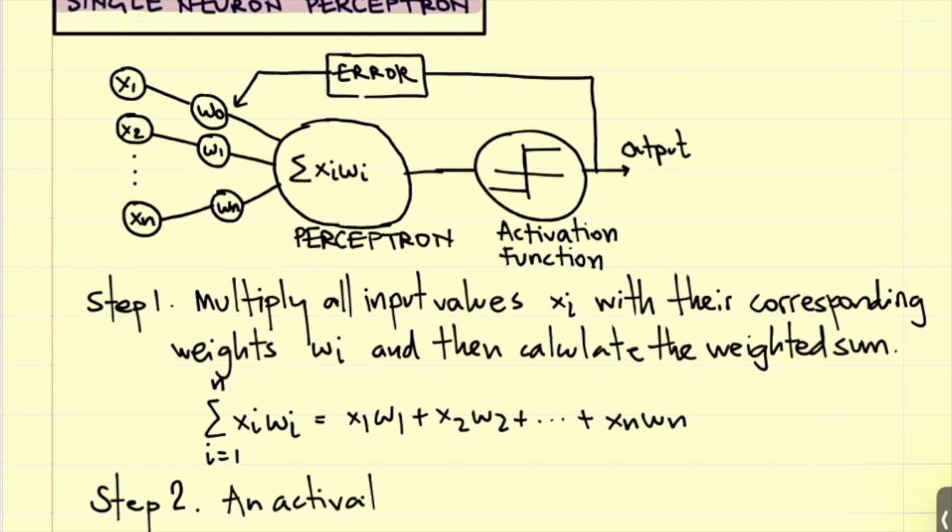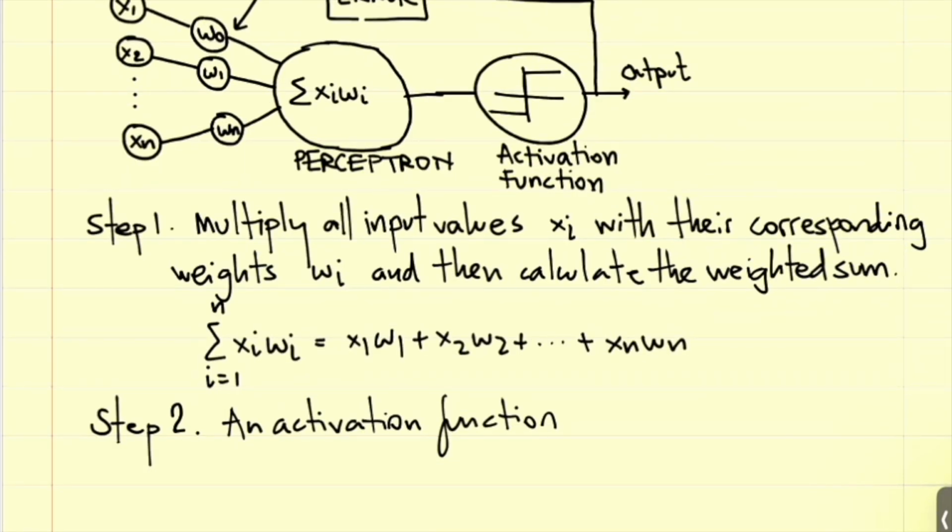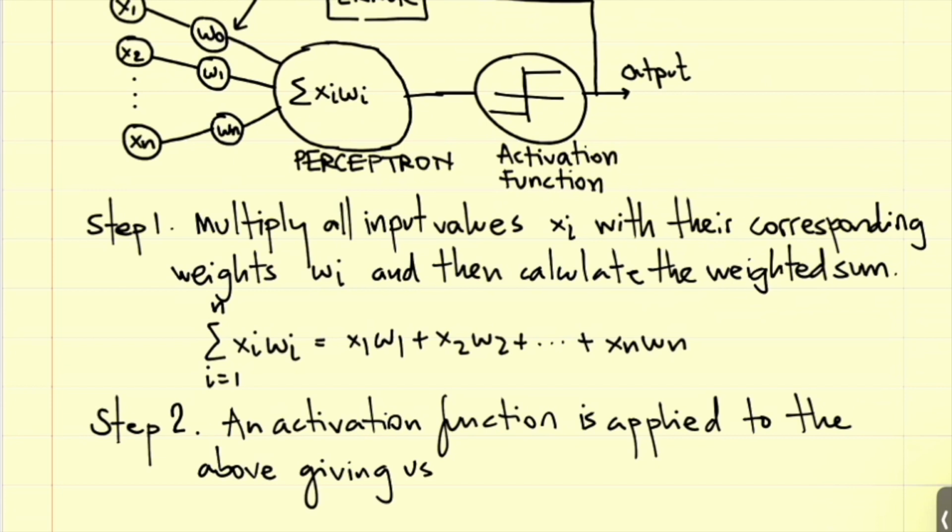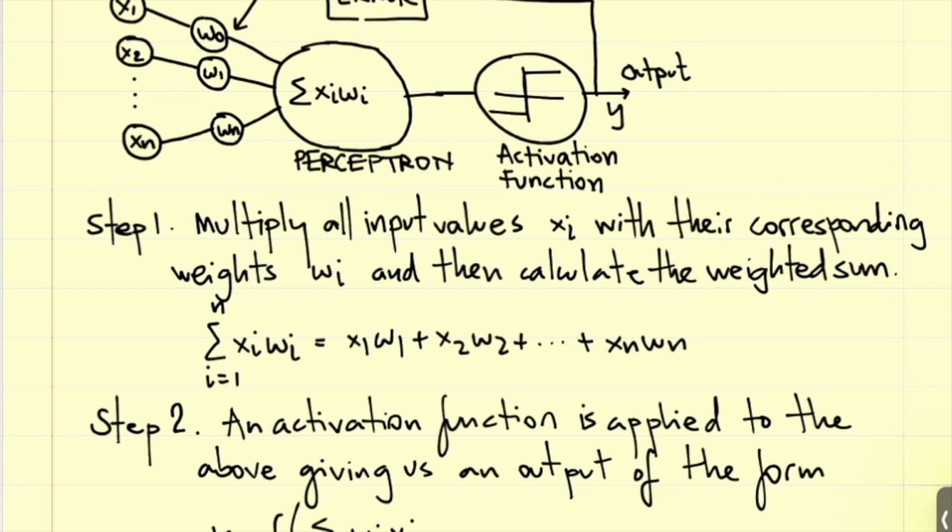An activation function is applied to the above, giving us an output of the form y is the output, okay, is of the form activation function of the sum of the product plus a bias.